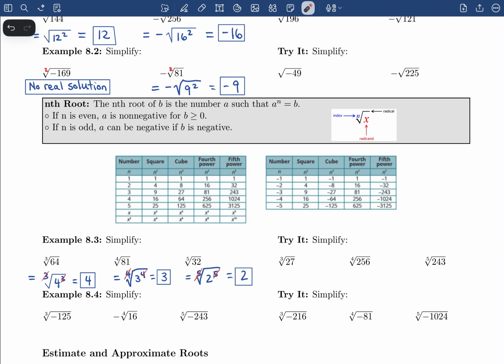So if the index is even, 2, 4, 6, 8, 10, etc., then you can't have a negative number inside that root, or it'll be no real solution. But that doesn't happen for odd roots. If the index value is 1, 3, 5, 7, 9, etc., we don't have that issue, okay?